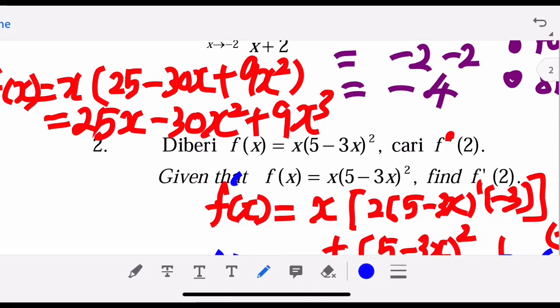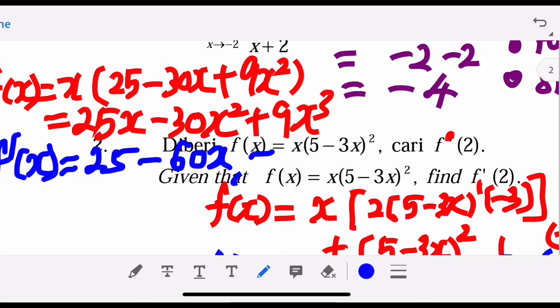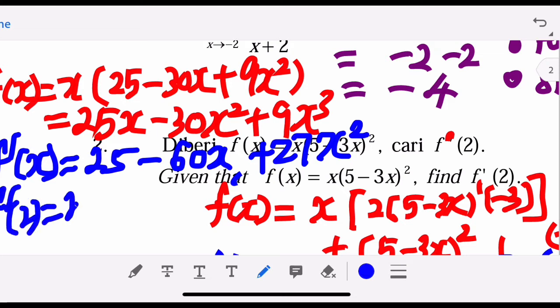find the first derivative, or we call it dy/dx. You got 25 minus 60x plus 27x squared, right? The power reduced by 1, and you substitute the 2, you will have 25 minus 60 plus 27 times 4, right?